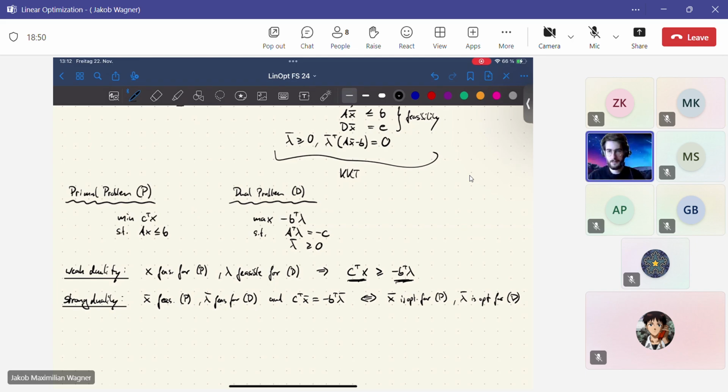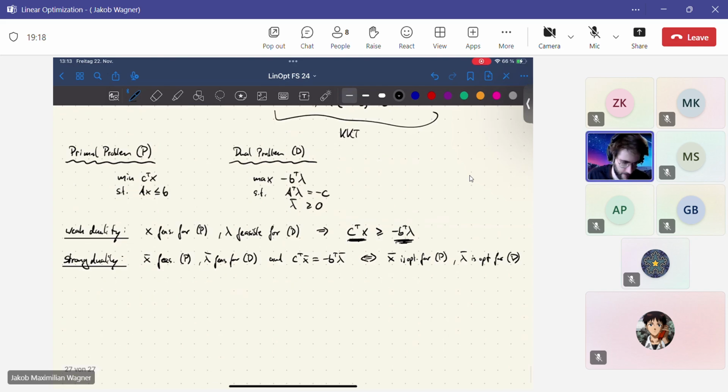So this dual problem is important because if we iteratively find better points in the primal problem and then in the dual problem, so that this gap between the two objective values becomes closer and closer to zero, then we can also use this information to find solutions to either problem.